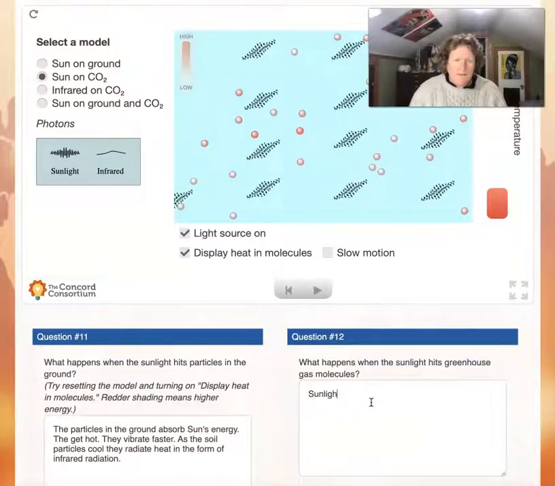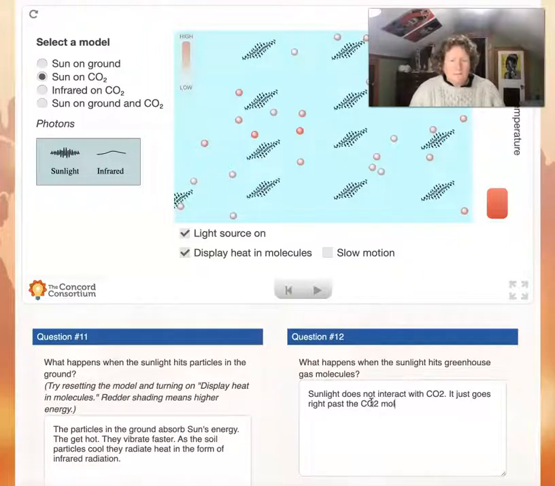Sunlight does not interact with CO2. It just goes right past the CO2, which is carbon dioxide molecules.